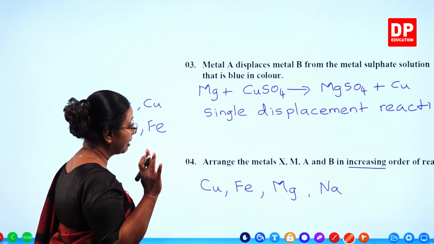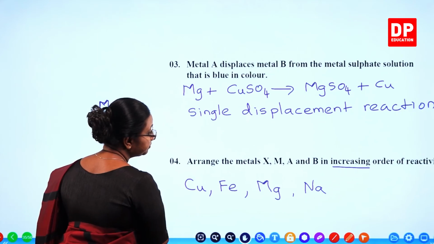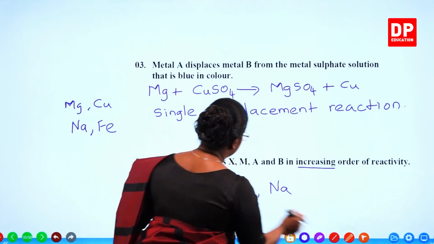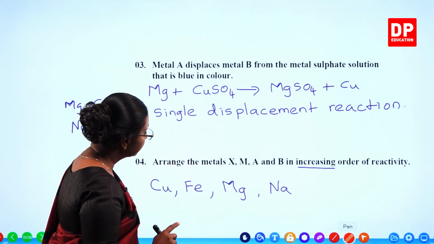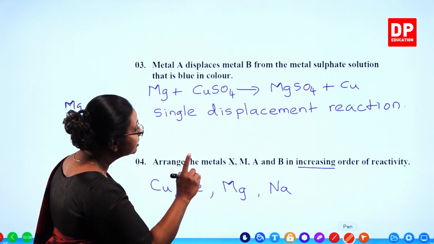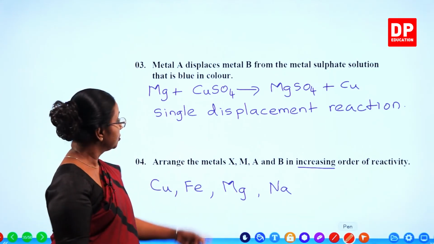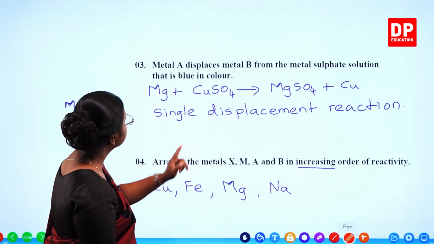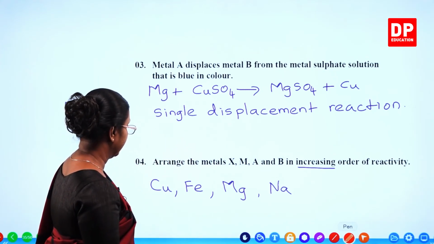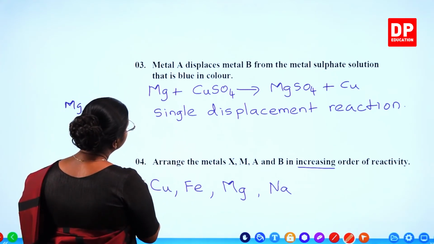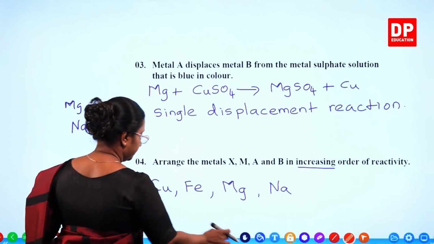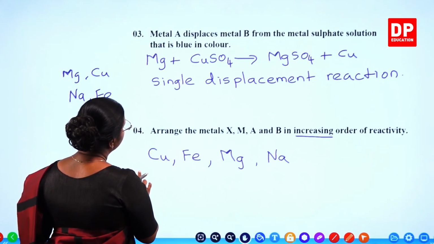So you can remember that. But here the question says, arrange the metals X, M, A and B in increasing order of reactivity. So since they have said X, M, A and B, we might need to write that order as well.